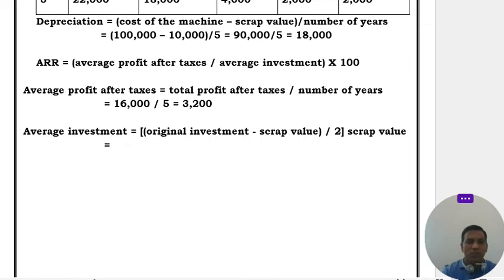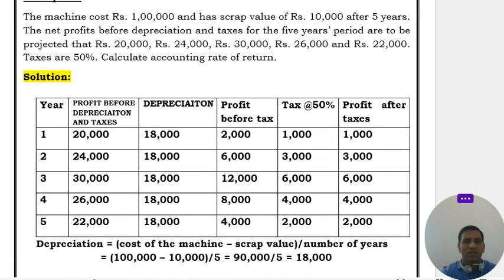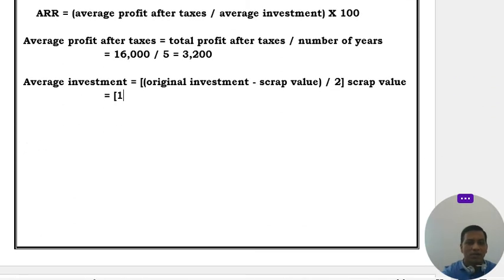So original investment, let me start. Original investment, how much cost? 100,000. 100,000 minus scrap value 10,000, divided by 2, and then plus scrap value.